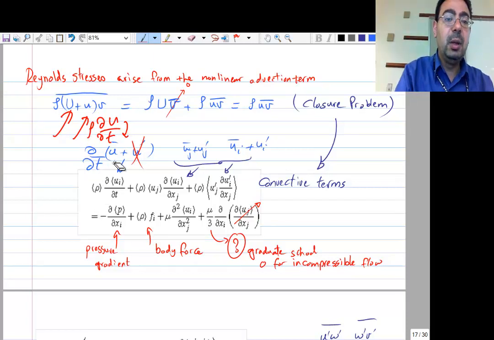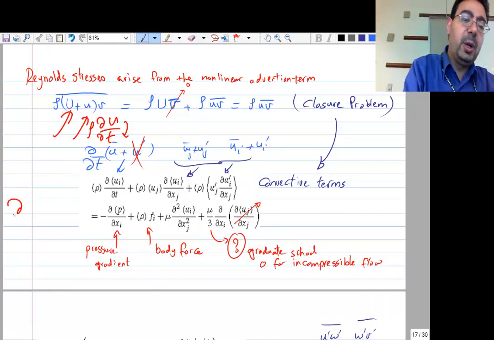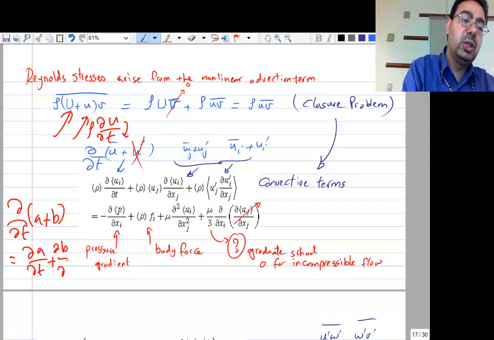That U becomes U average plus U fluctuation. And the partial t, if I have partial t of A plus B, I can say it's equal to partial A partial t plus partial B partial t, right?